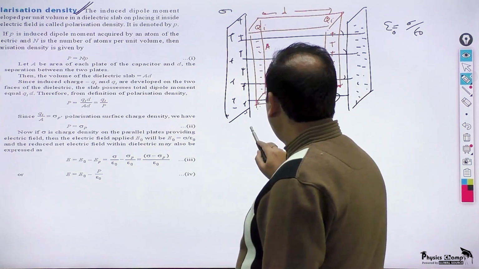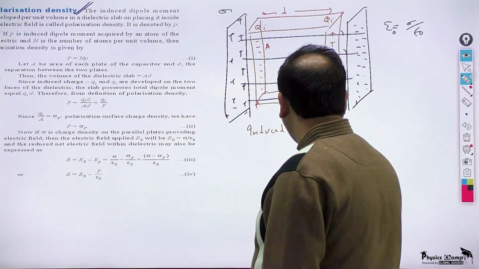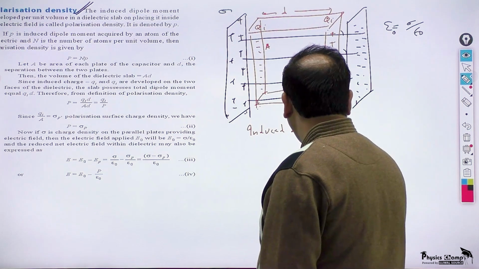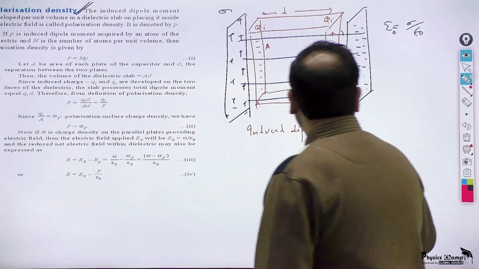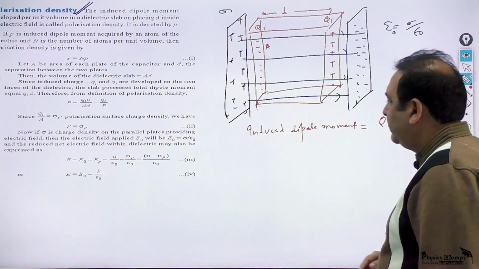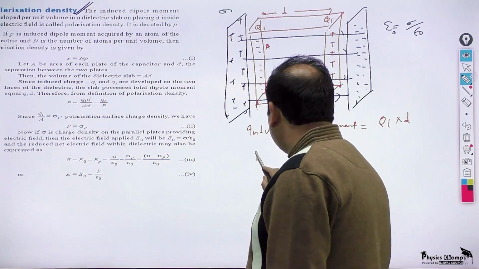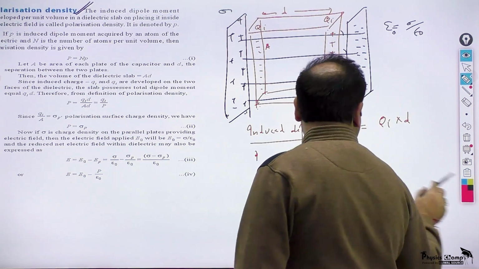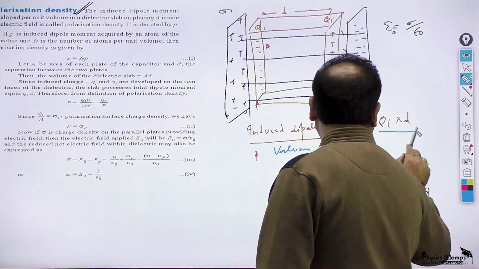So induced dipole moment would be Qi into D. Induced dipole moment per unit volume, let's divide it by volume.